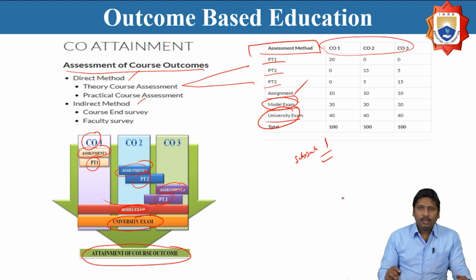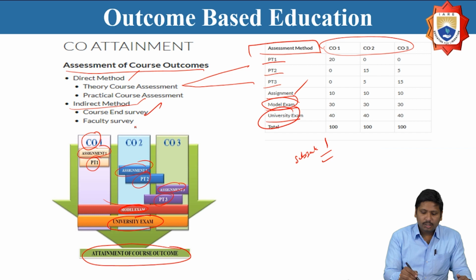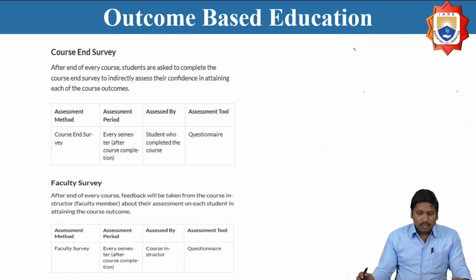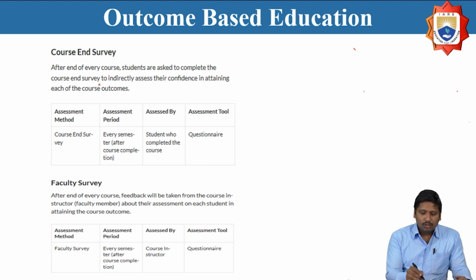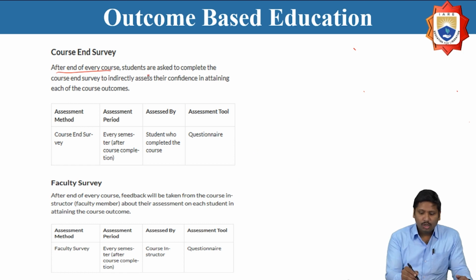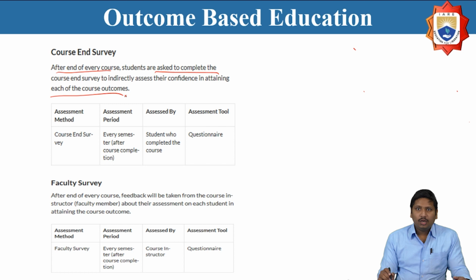The indirect ones are the course-end survey and the faculty survey. The course-end survey is done after the end of each and every course. The student has to complete the course-end survey to indirectly assess their confidence in attaining each of the course outcomes.